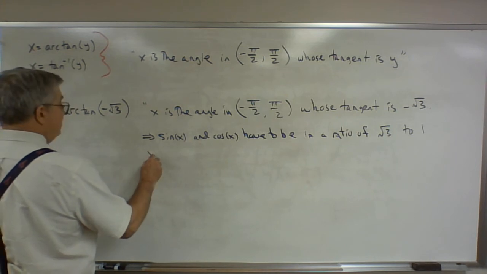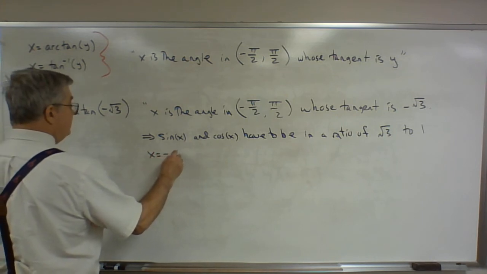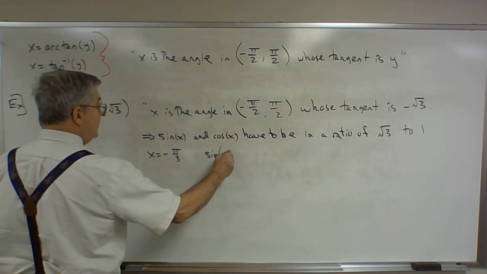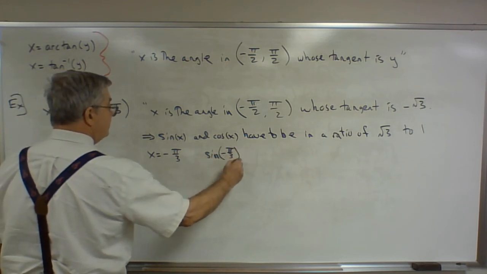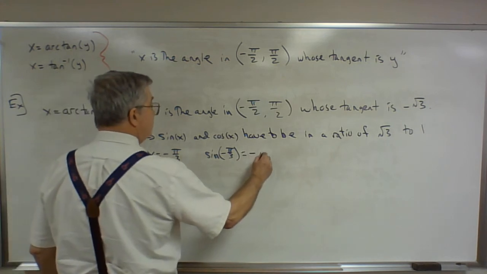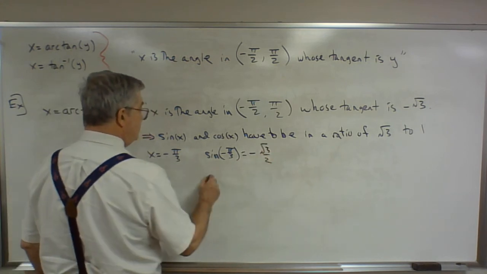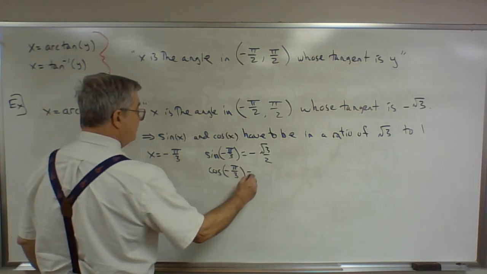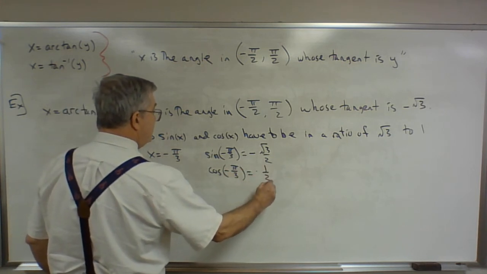And if we have x equals negative pi over 3, sine of negative pi over 3 is negative square root of 3 over 2. Cosine of negative pi over 3 is positive 1/2.